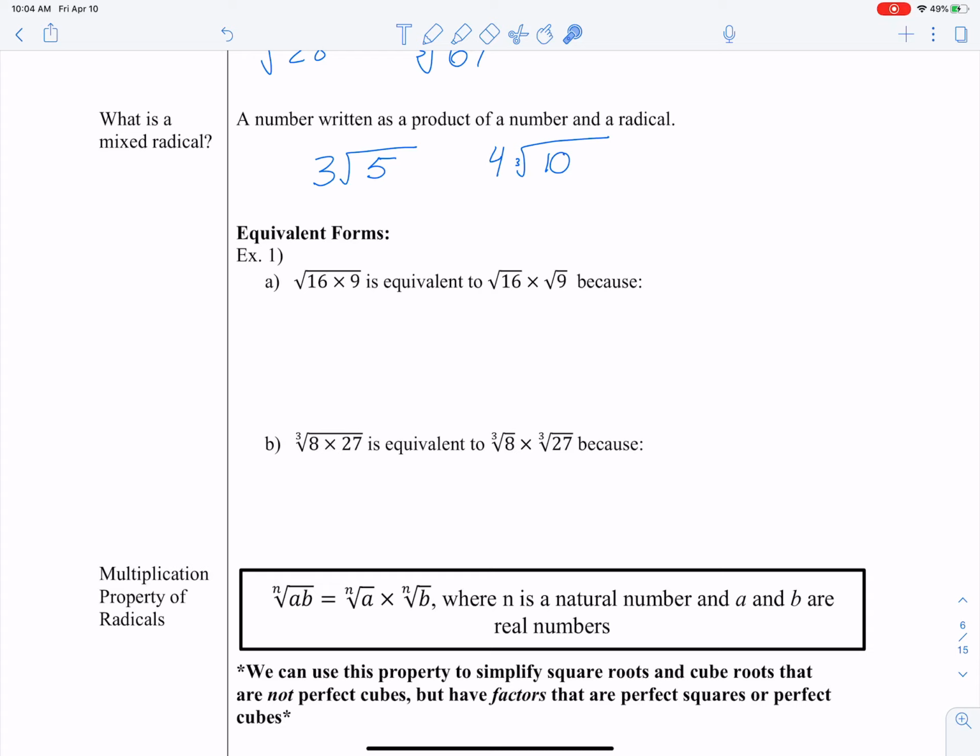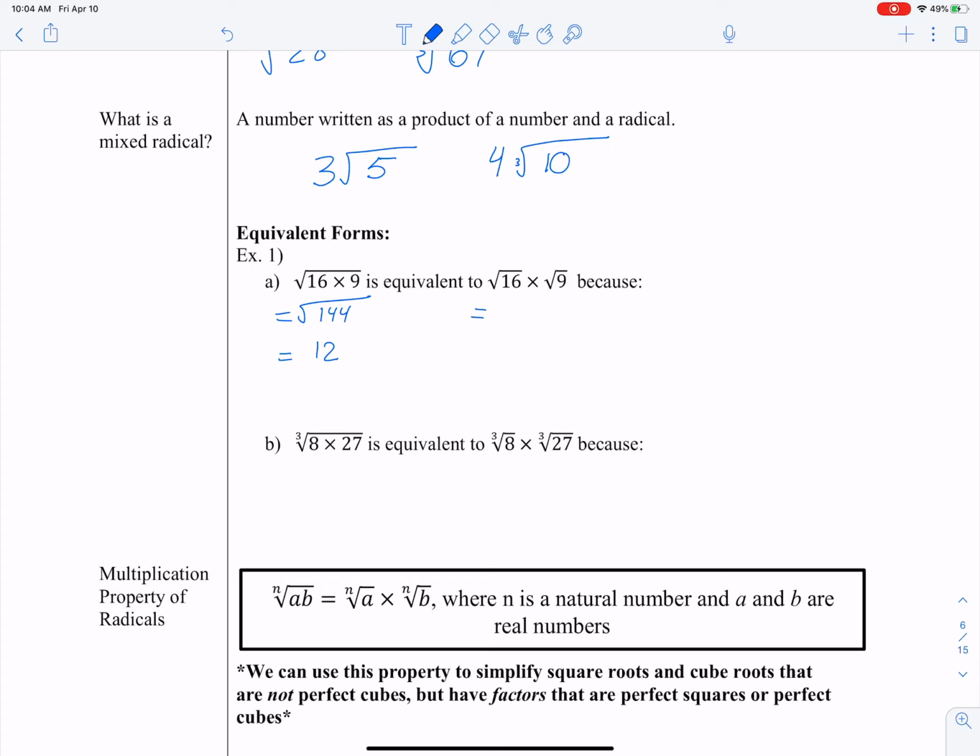So root of 16 times 9 is the same as root of 16 multiplied by root 9. Let's see how those are the same. If we took 16 and multiplied it by 9, we would get 144. If we then took the square root of 144, it would give us the answer of 12.